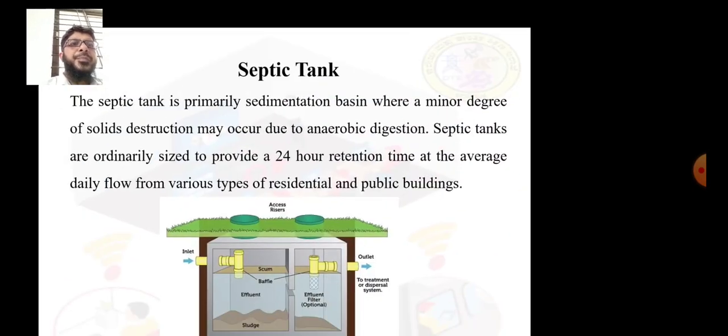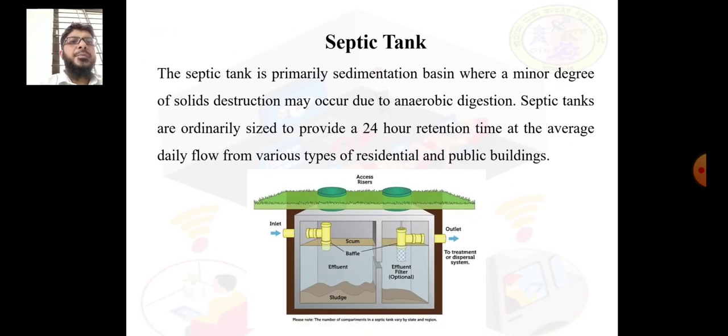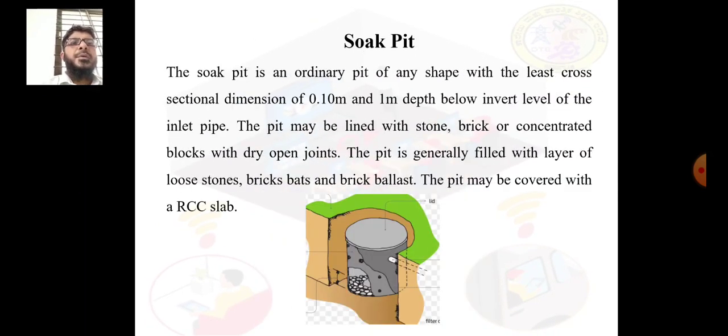Next, the soak pit. The soak pit is an ordinary pit of any shape with the least cross sectional dimension of 0.1 meter and 1 meter depth below the inverted level of the inlet pipe.